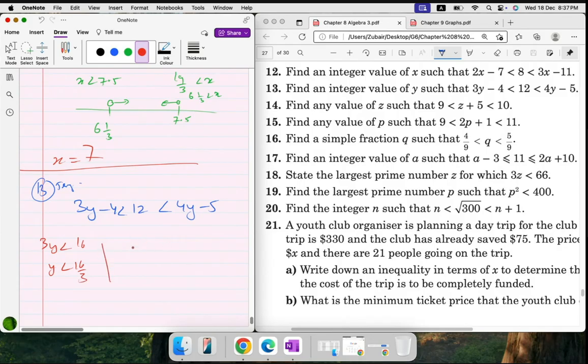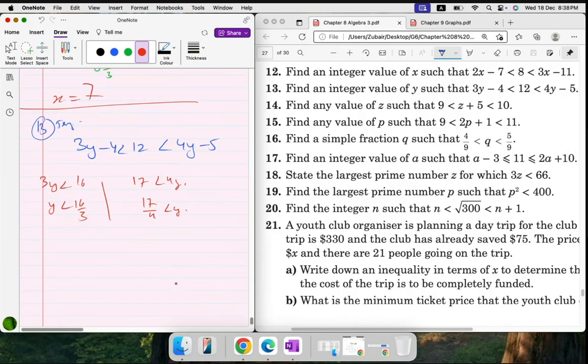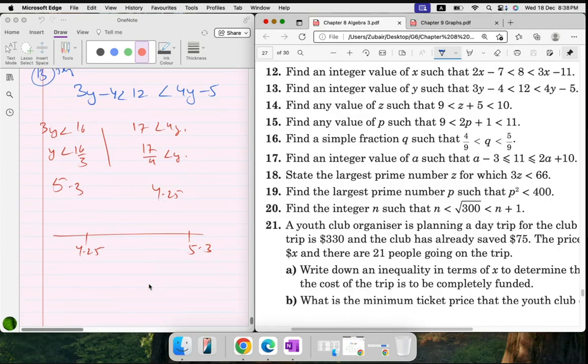On the other side, 12 plus 5 is 17 is less than 4y. 17 by 4 is less than y, so y is more than 17 by 4. 16 by 3 is 5.3 something, and 17 by 4 is 4.25. So more than 4.25 and less than 5.3. Integer value between these two is 5, yes.